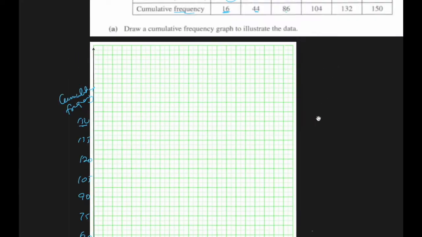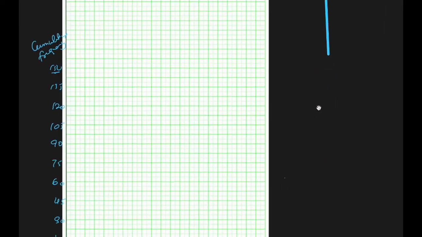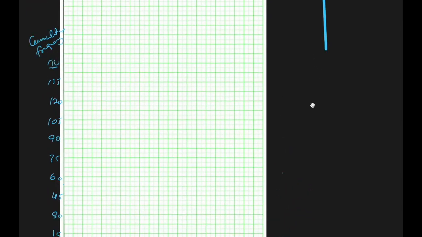So this has upper limit 150 because cumulative frequency is up to 150 and the data is up to 200. That's why this is 200 here. So now I will plot the points one by one.